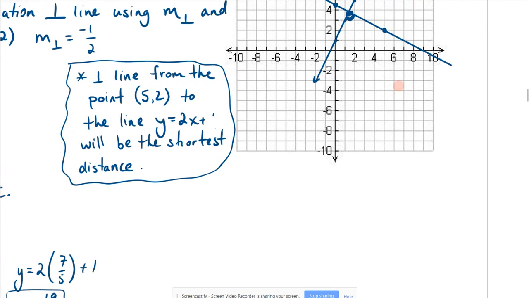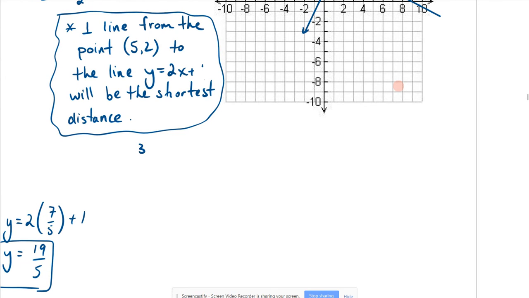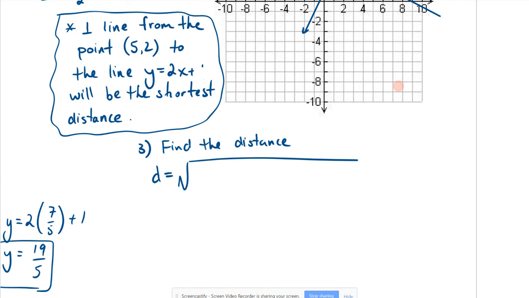Okay, so let's continue. Step number 3 is just to find the distance between the 2 points. So use the distance formula. We're going to take the square root, put everything under the square root in your calculator. So here it is, the difference in the x value, 7 over 5 minus 5, squared, plus the difference in the y value, 19 over 5 minus 2, squared, and put that into the calculator and solve.